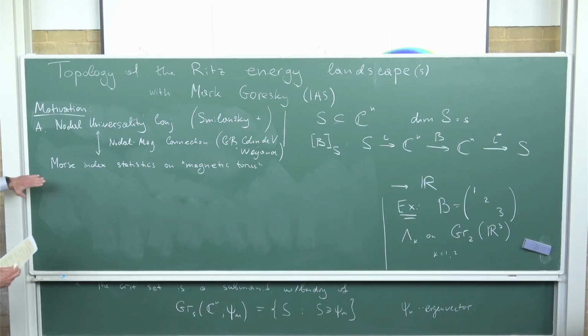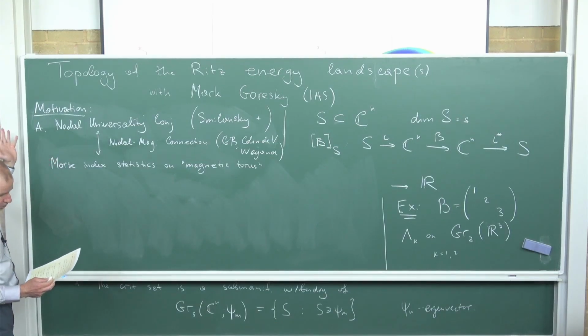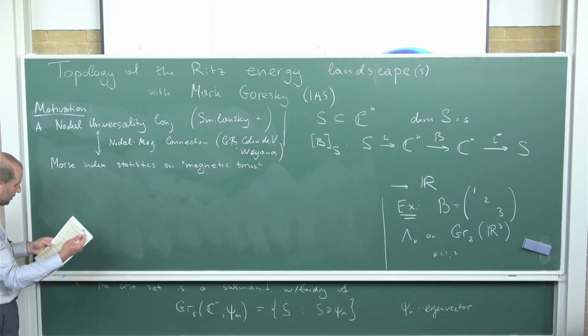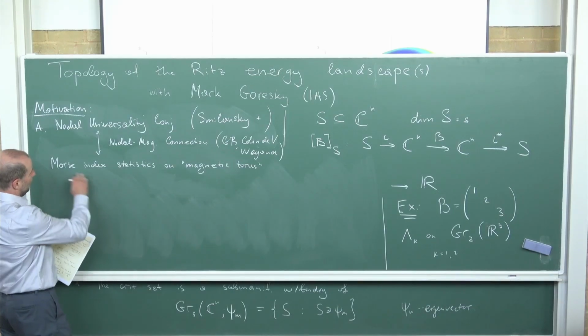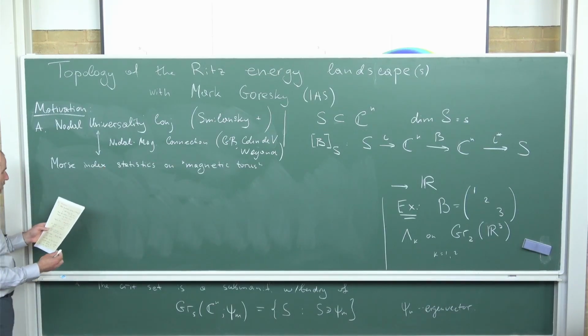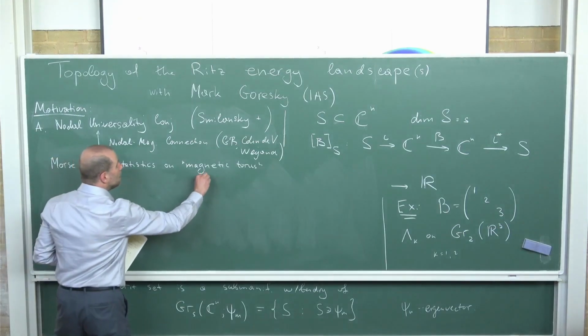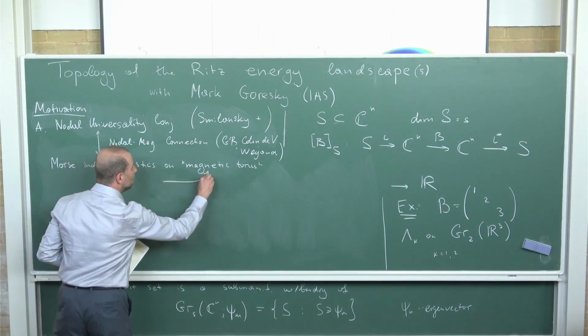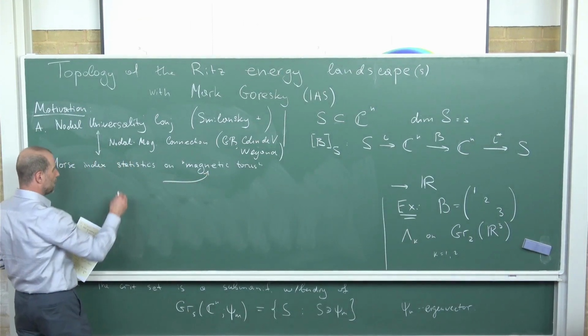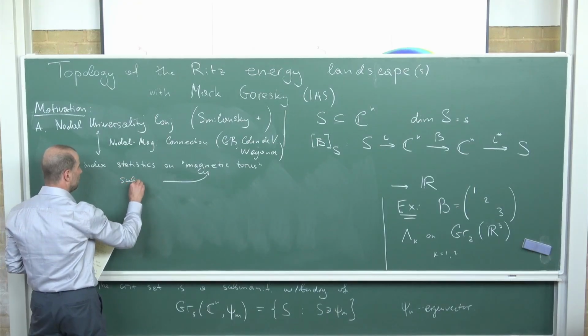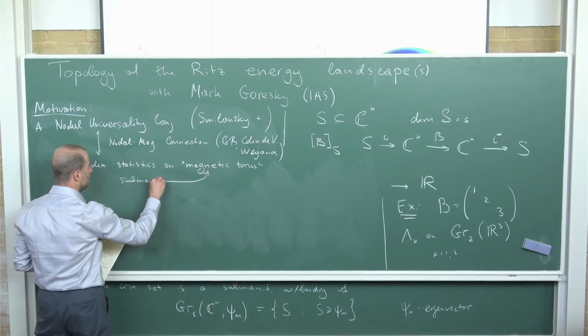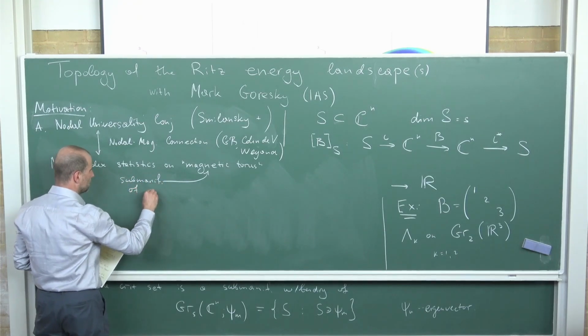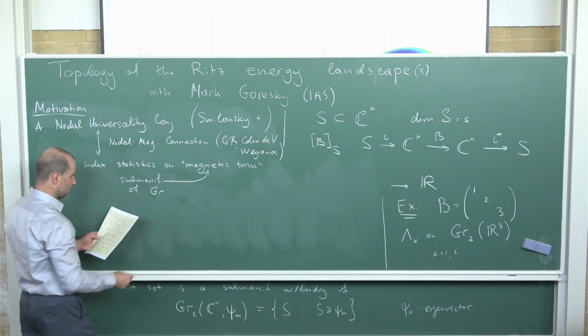Now, my collaborator Ram Band proposed to use Morse theory, and this is going towards using Morse theory to understand Morse index statistics. So this magnetic torus can be realized as a submanifold of a Grassmannian.